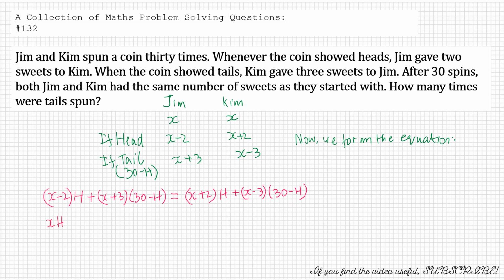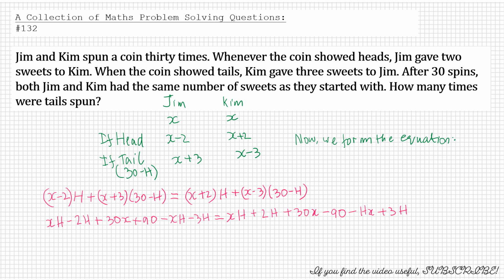If I start removing the brackets and multiplying, what I get is XH minus 2H plus 30X plus 90, because it's 30 times 3, 90, and 30X minus XH and minus 3H, and that equals XH plus 2H plus 30X minus 90 minus XH, or minus HX, and plus 3H.